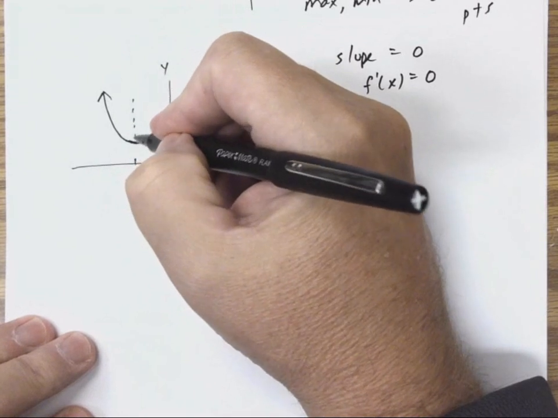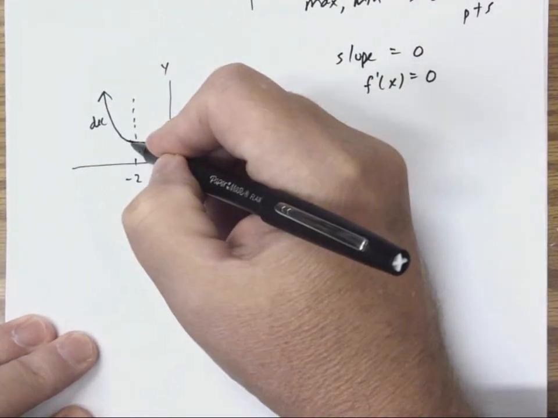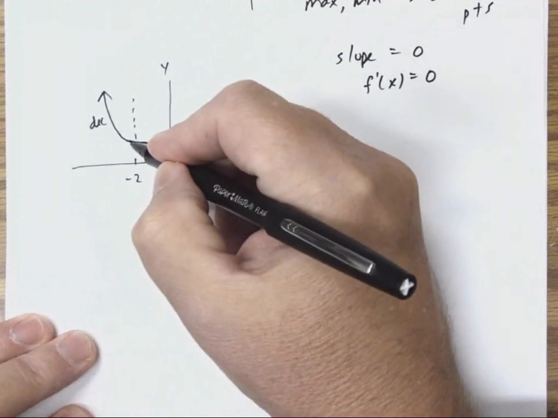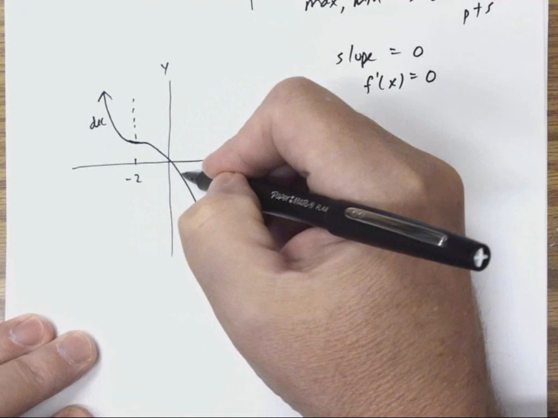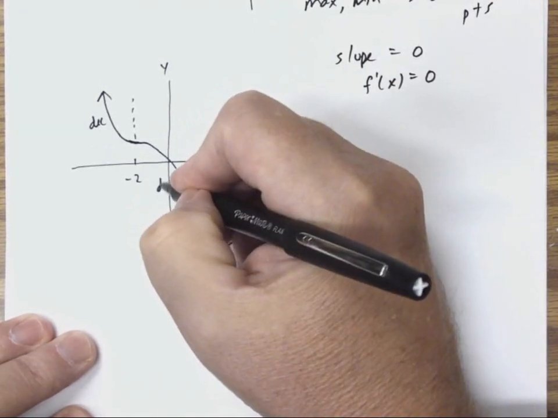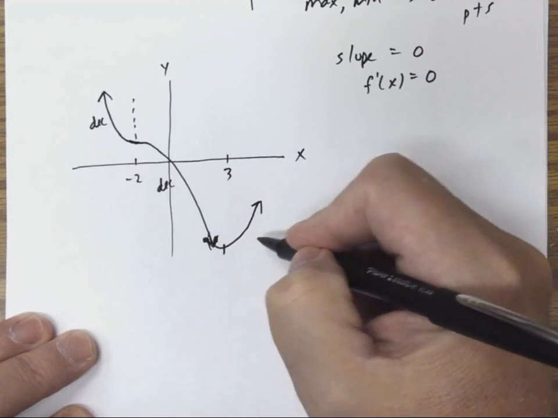Here it's flat, although after it's flat for a while, it starts to go down again. So it continues to be decreasing until you get right to here.